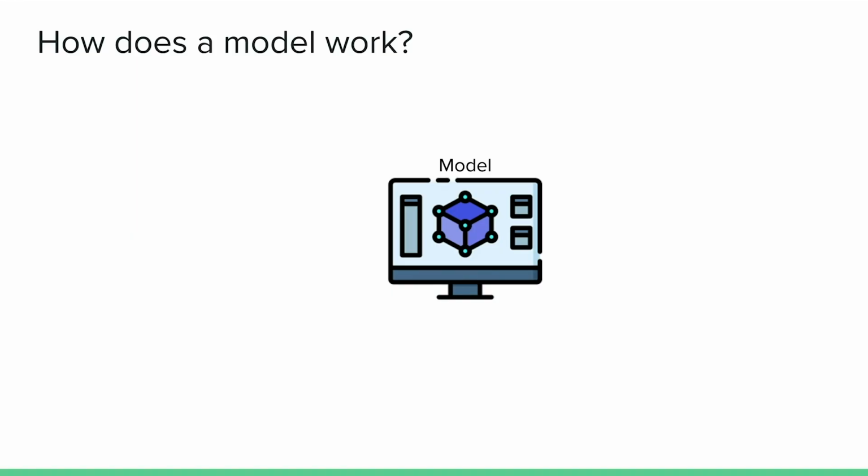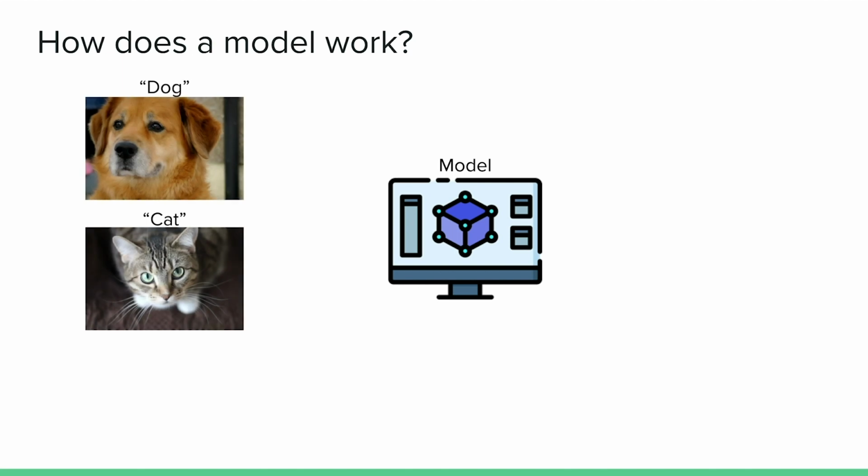So one question is, how does a model work? How does it take some computational rules and perform a computation on any sort of input? Well, we typically start with some data. So in this example, we have images of cats and dogs, just one cat and a dog. So our input data, and what we often have is an associated label. In our case, the first image depicts a dog, the second image depicts a cat.